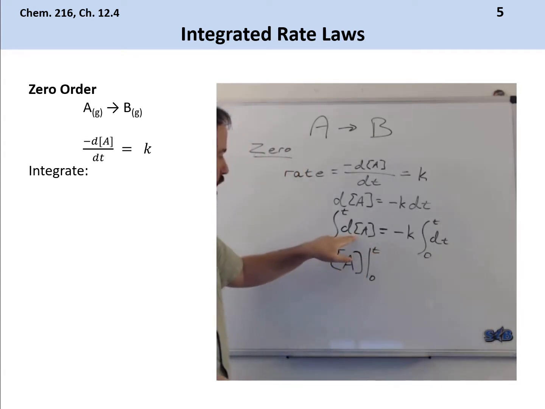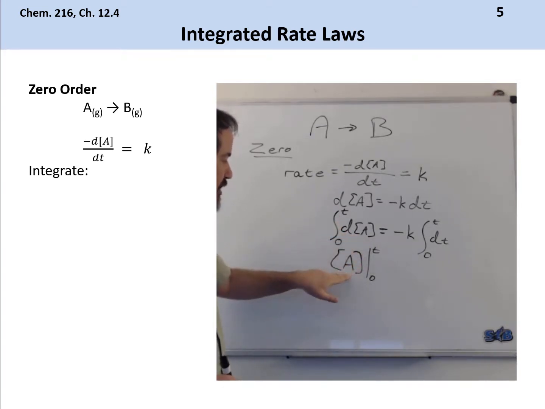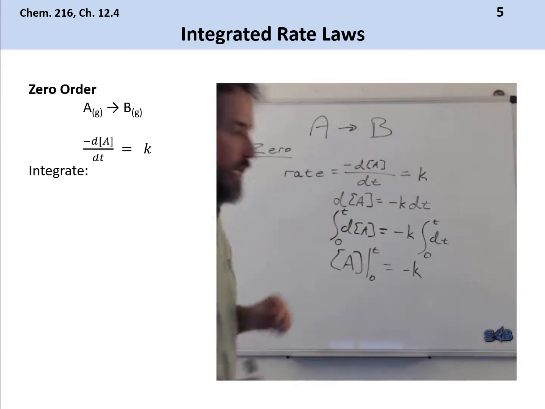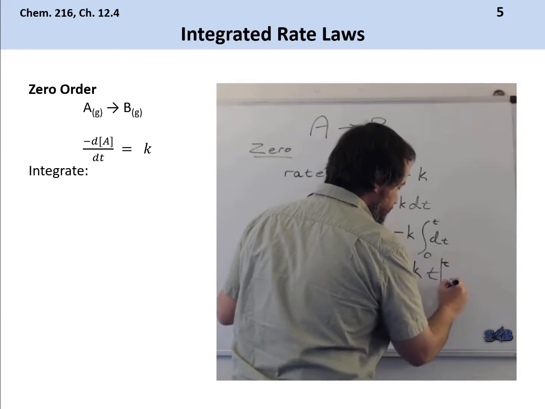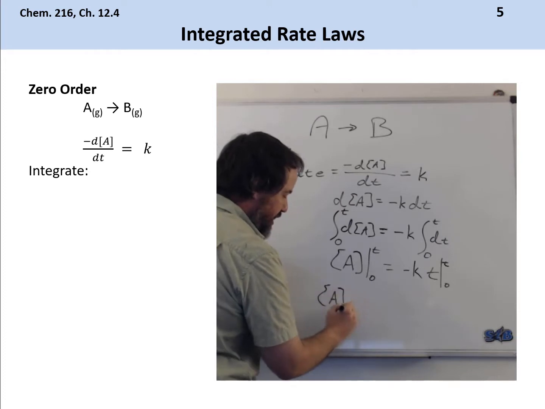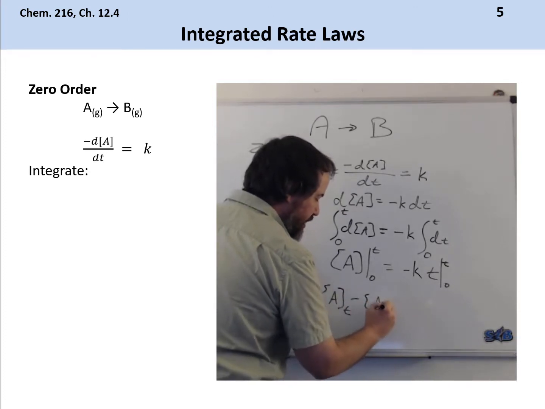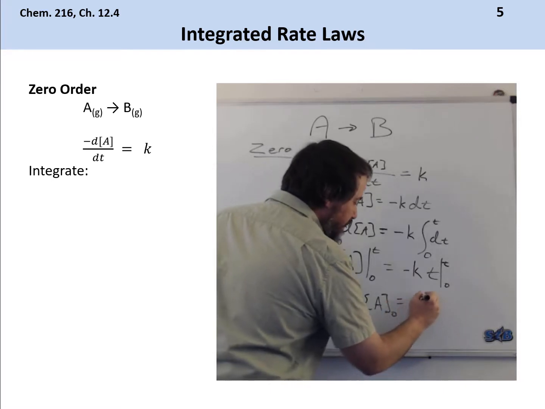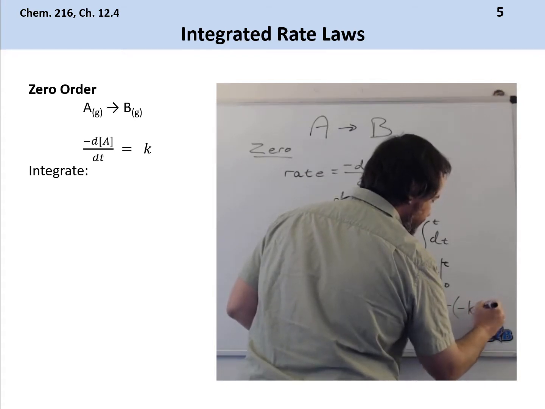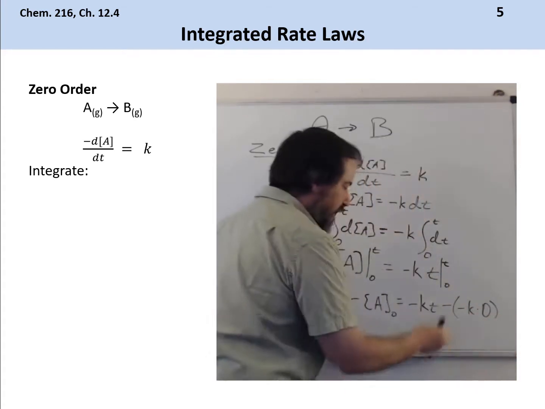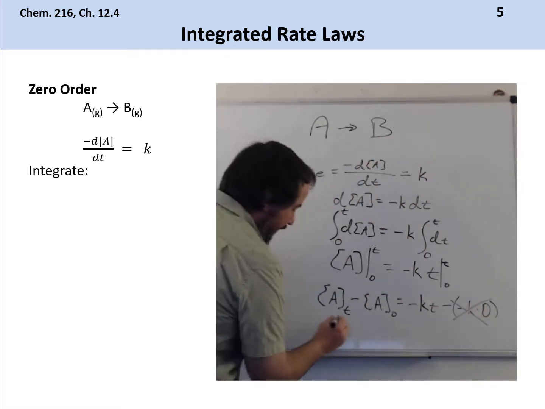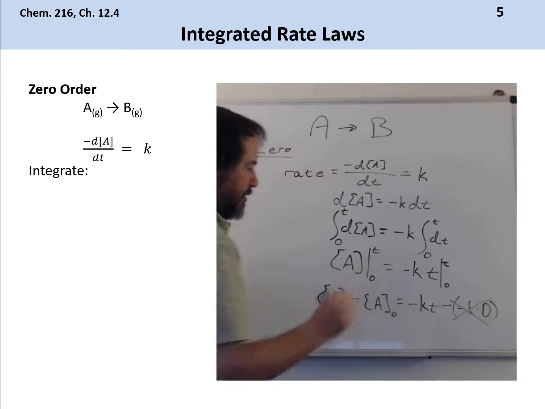The integral of 1 dA would just be the concentration, and this would just give me negative k and t from 0 to t. What this means is the concentration at time t minus the concentration at time naught equals negative kt minus k times 0. This term obviously goes away because there's a 0. So this gives me A at time t minus A naught equals negative kt.